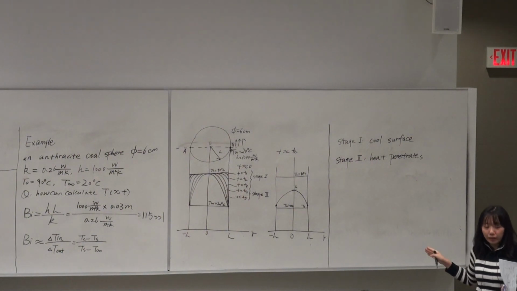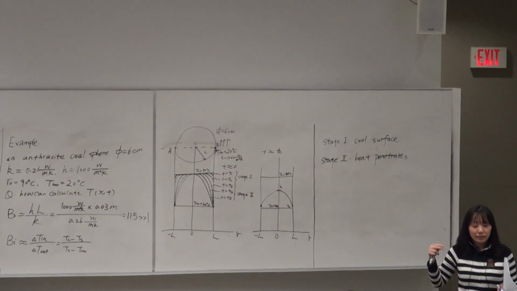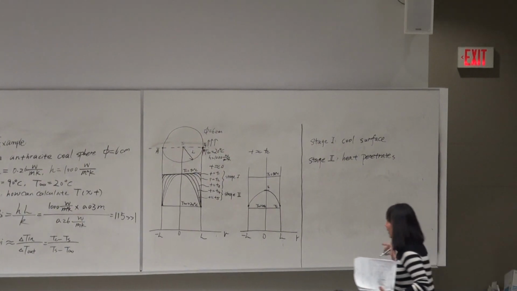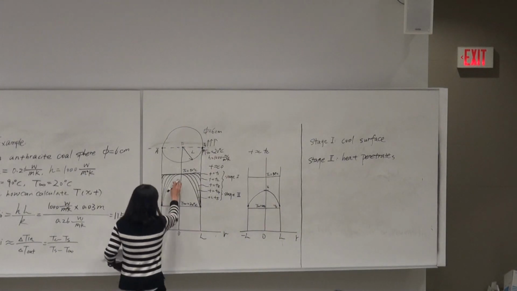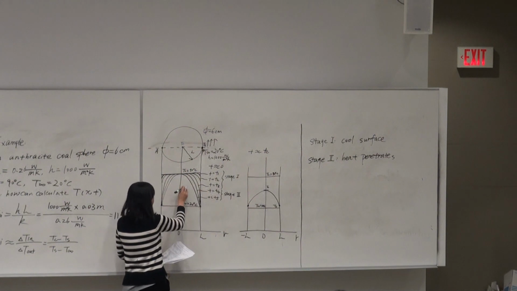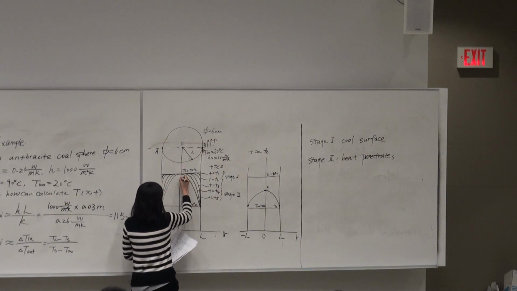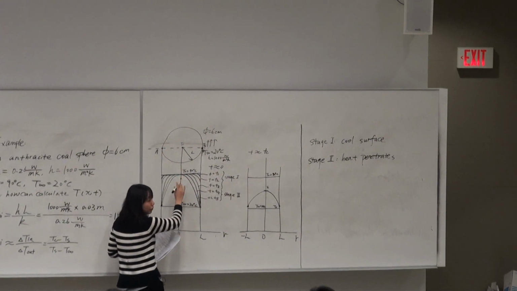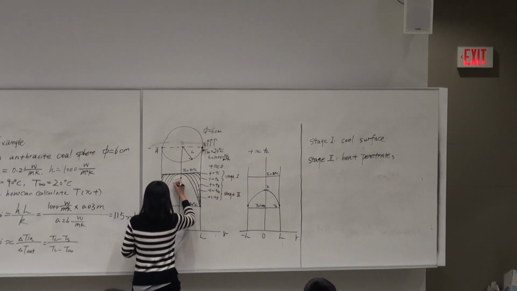The surface is already cooled down, but the center needs some time to realize what happens. And then after heat penetrates into the center, the center starts to get cooled down. The slope at the center by symmetry should always be 0.